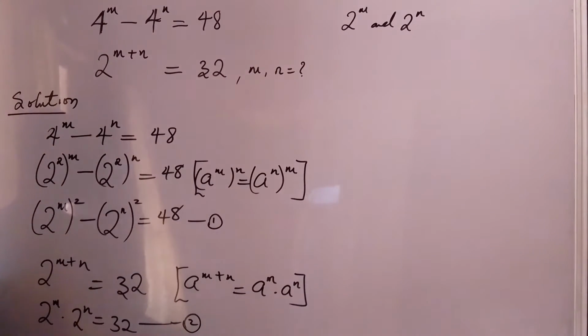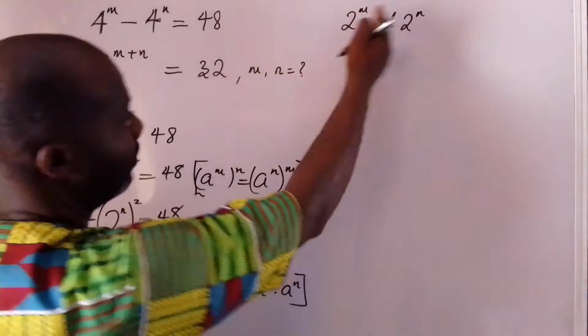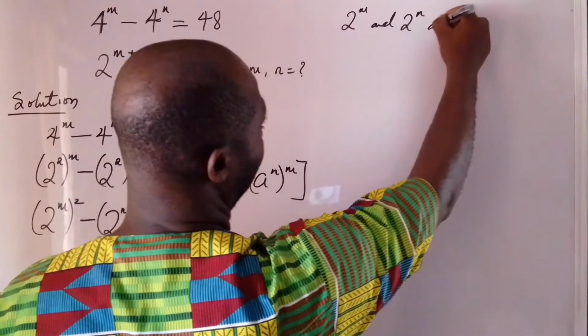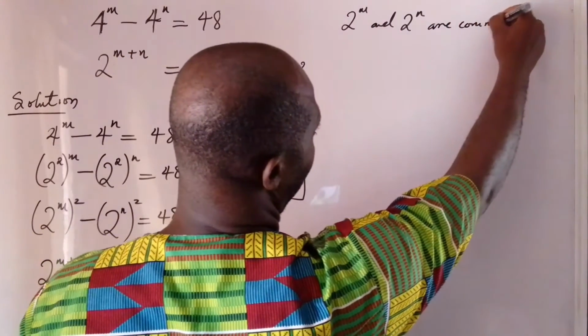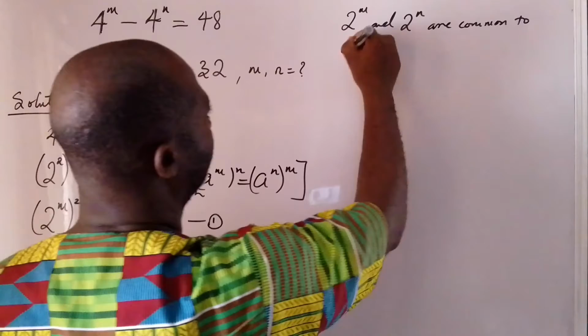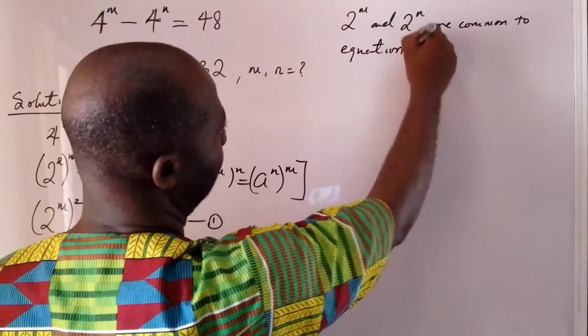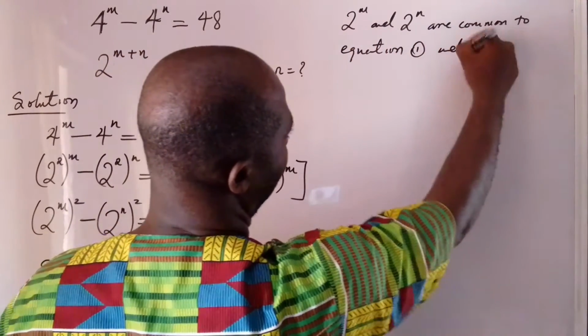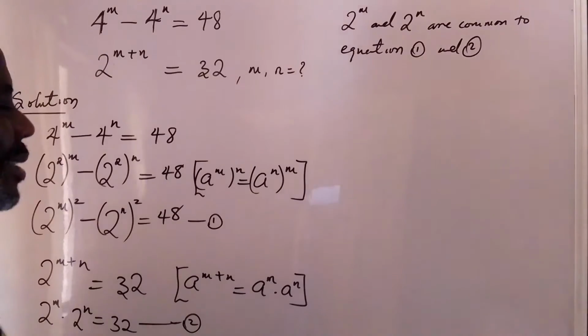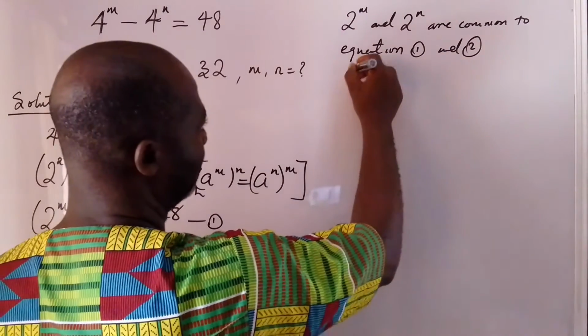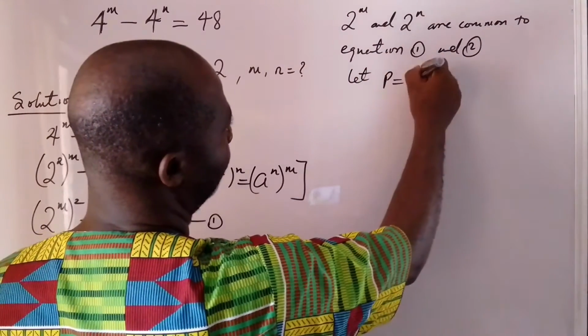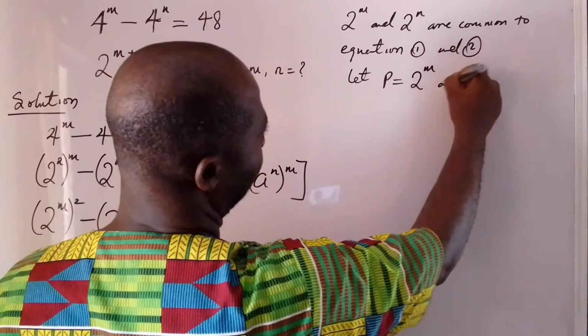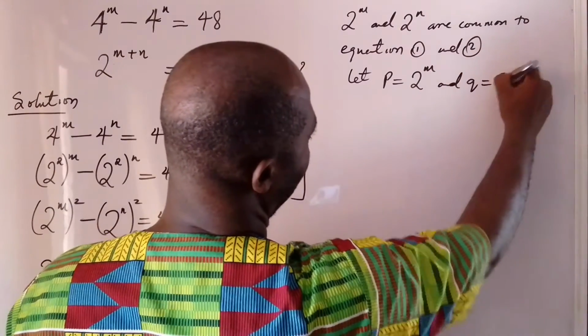So both are common to equations 1 and 2. So now that that is established, we can say let P represent 2 to the power of m and Q represents 2 to the power of n.